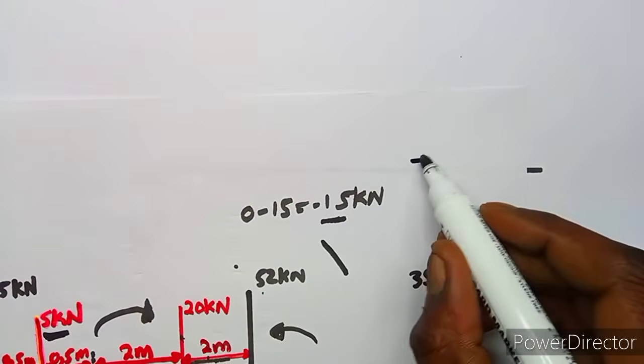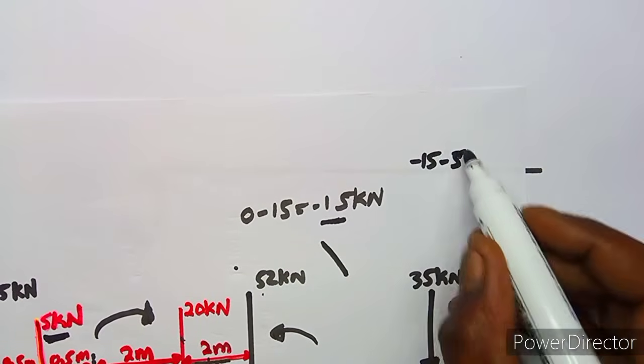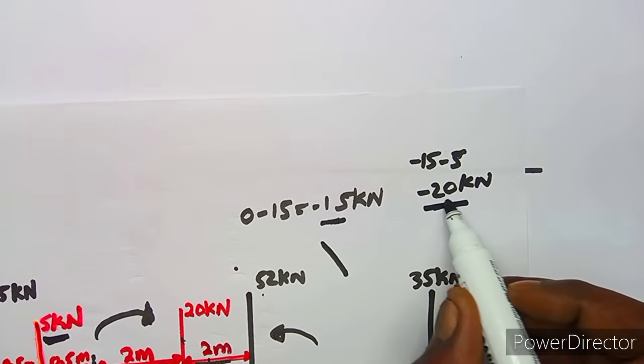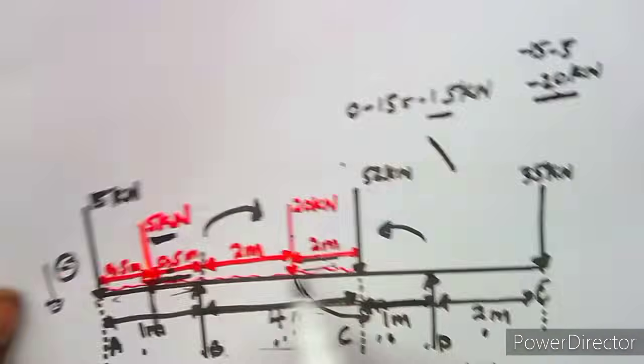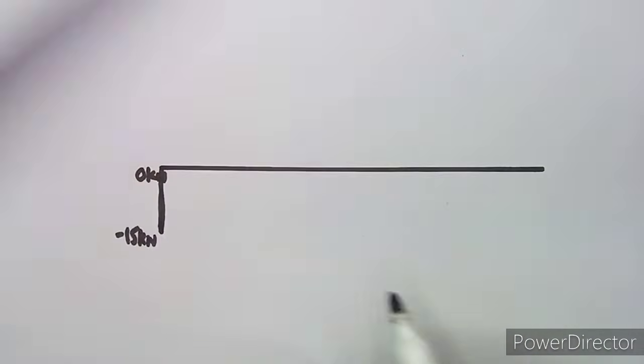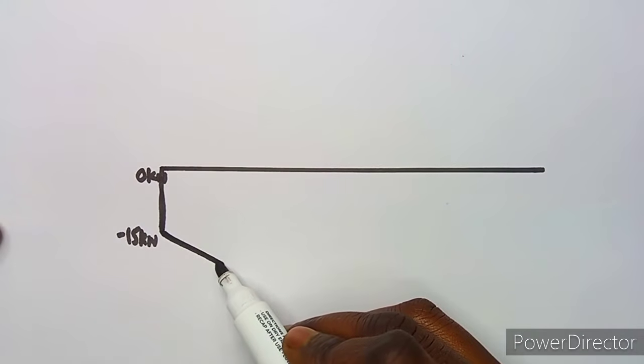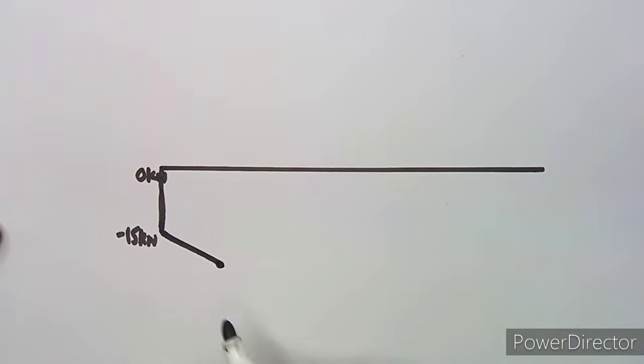So it will be minus 15 minus 5, which will give us minus 20 kilonewton. So this will go downwards up to minus 20. So we subtract that minus 5. So it will be like this. It's slanted like this up to minus, we said minus 20 in this case. So this will be at minus 20 kilonewton.